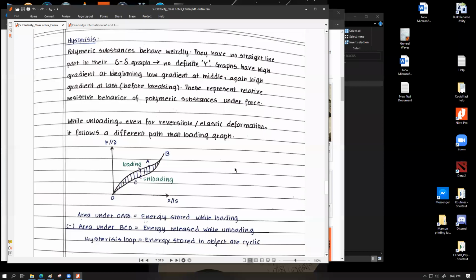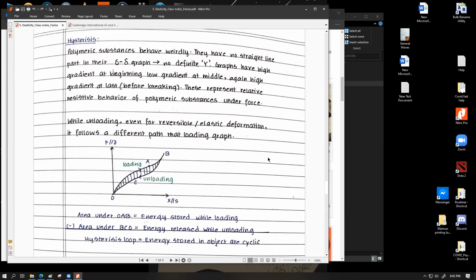আচ্ছা, I'm getting back to the elasticity part. আচ্ছা তোমরা আগে এই পার্টটুকু একবার একটু পড়ো সবাই। Energy stored in object or cyclic বলতে কি বুঝাচ্ছে?